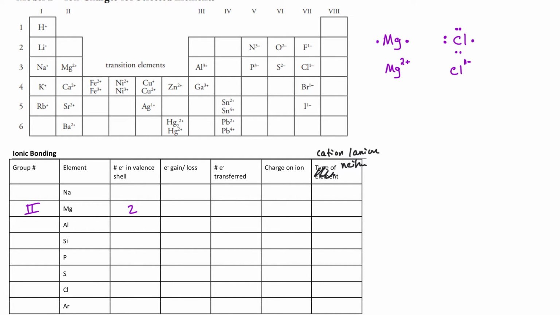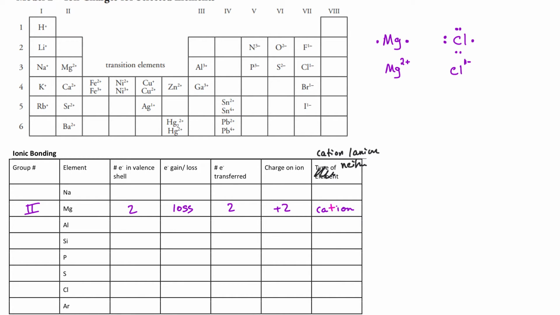In this case, it has to lose 2 electrons in order to become positively charged. Number of electrons transferred, there's going to be 2. Charge on the ion is going to be +2, and therefore it becomes a cation. Remember, the T is kind of like a plus, and that would mean that it has become positively charged.